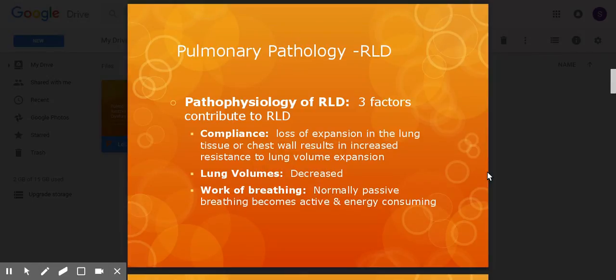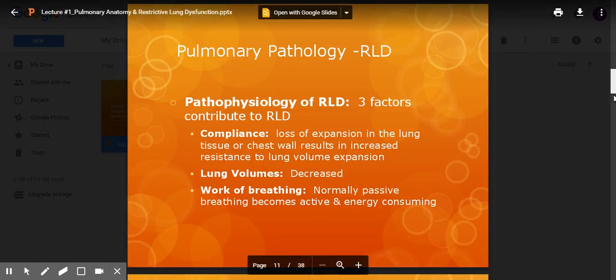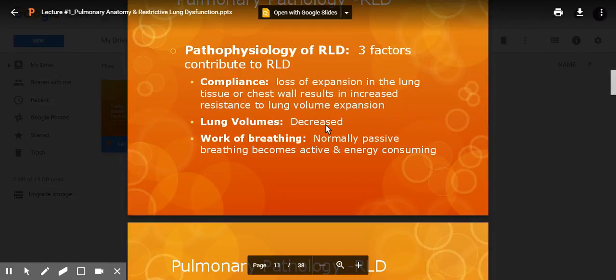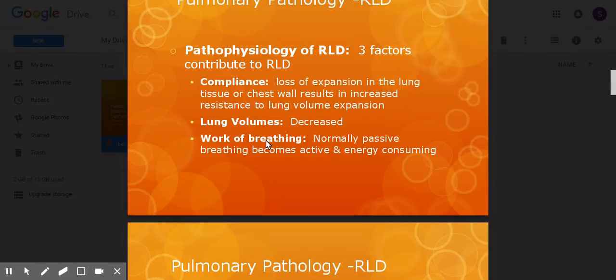We're now going to discuss the pathophysiology of restrictive lung dysfunction. There are three main factors that contribute to restrictive lung dysfunction: compliance, lung volumes, and work of breathing. Compliance. The loss of expansion in the lung tissue or chest wall results in increased resistance to lung volume expansion.